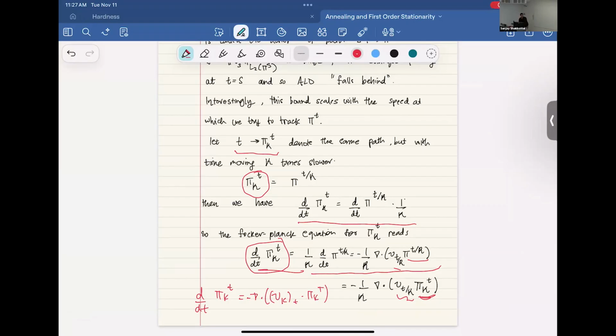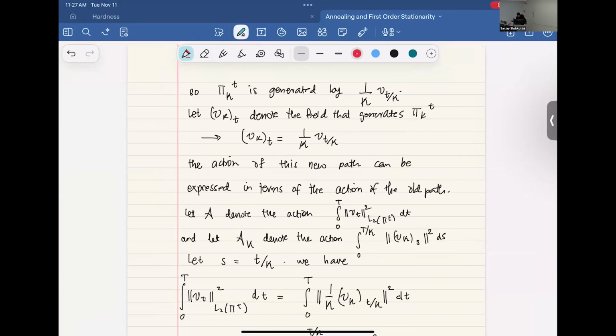It has this new drift term. So you see that the drift term for pi kappa t is just the drift term for pi t at time t over kappa, divided by kappa.